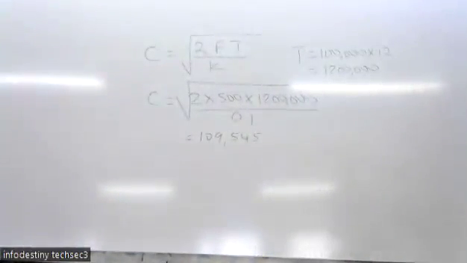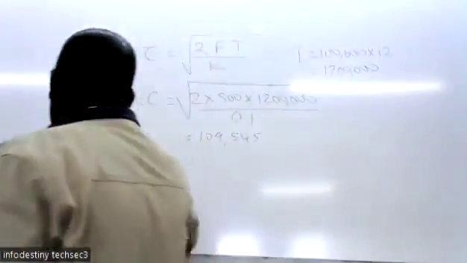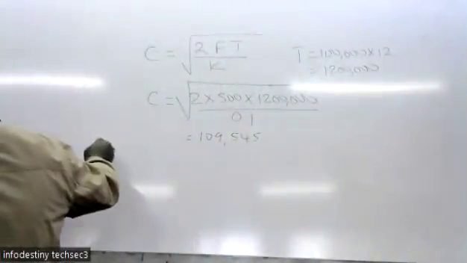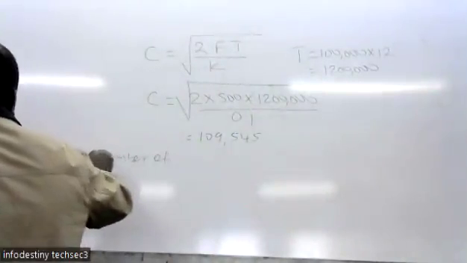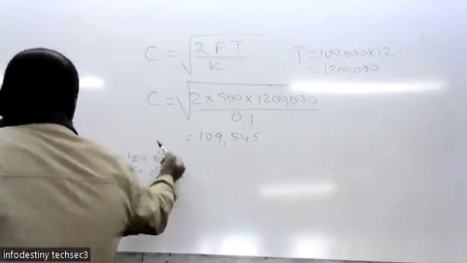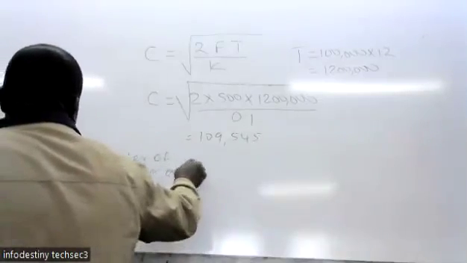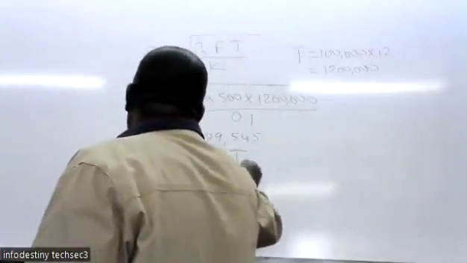Yeah, so now from there, we go to Roman letter 2, number of transactions per annum. Number of transactions are the same as the number of transfers or orders. Remember, it was T divided by what?